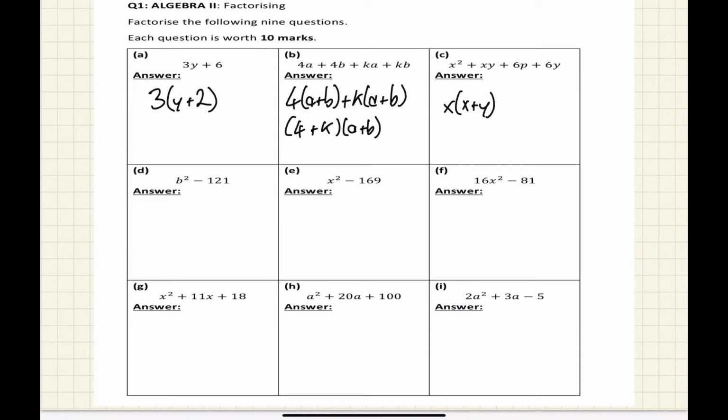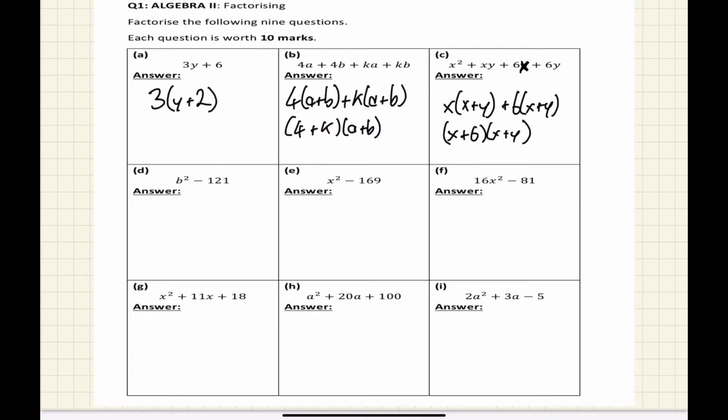And oh yes, this was a typo in the exam. That was meant to be an x, so I'll just write over that. And then for this one, 6 is common, so 6 bracket x plus y. Just like in part B, the x and the 6 get their own brackets, and the x and the y get their own brackets.